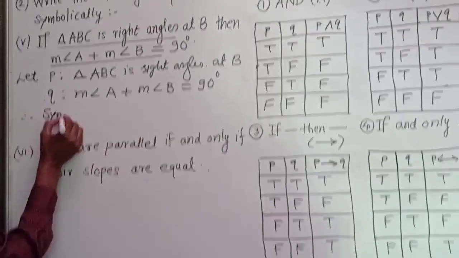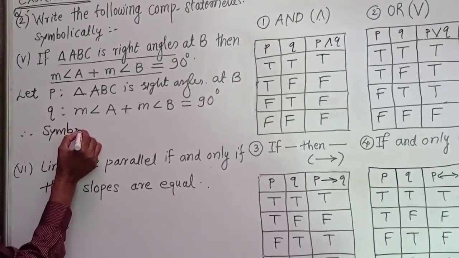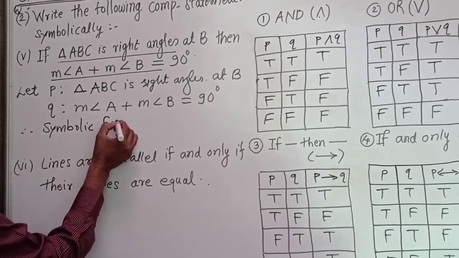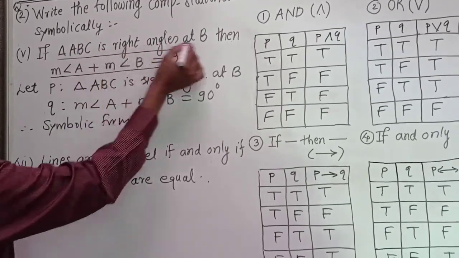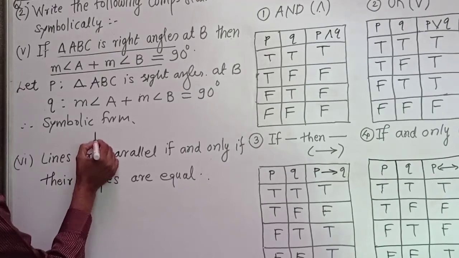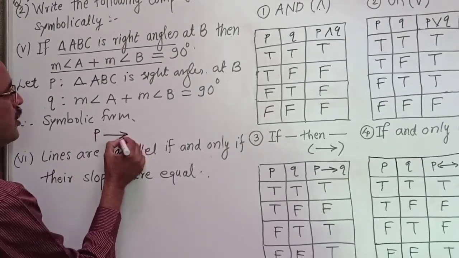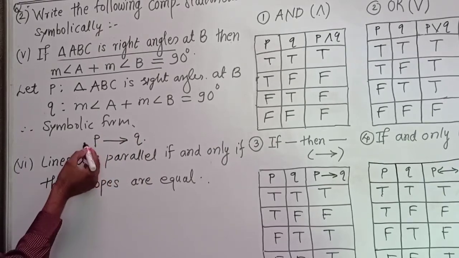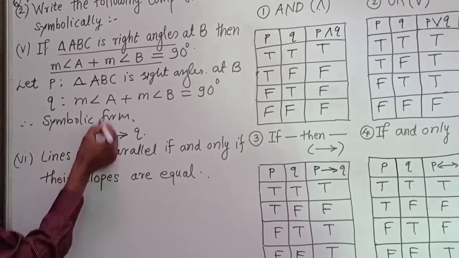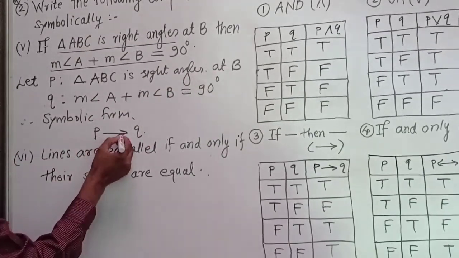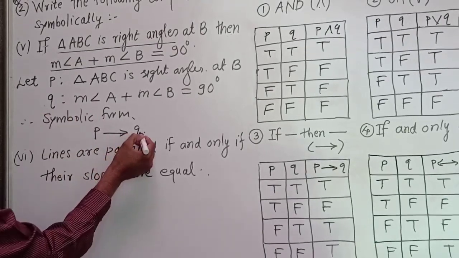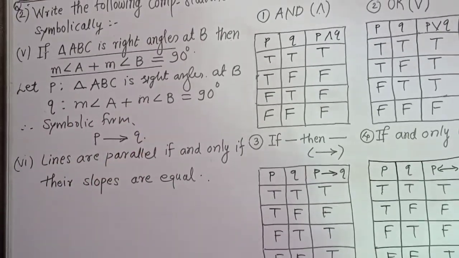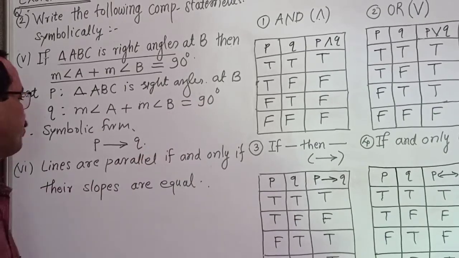Therefore, its symbolic form is if P then Q, so we write P implies Q.